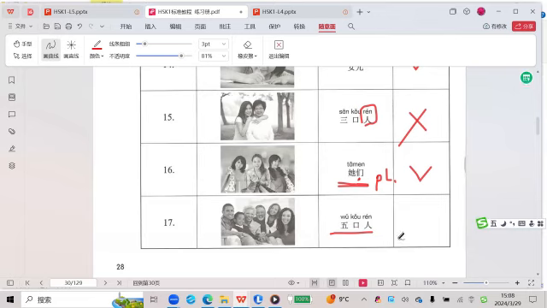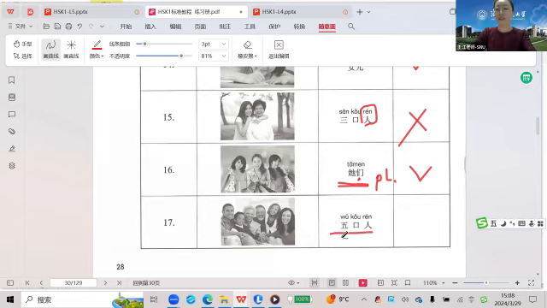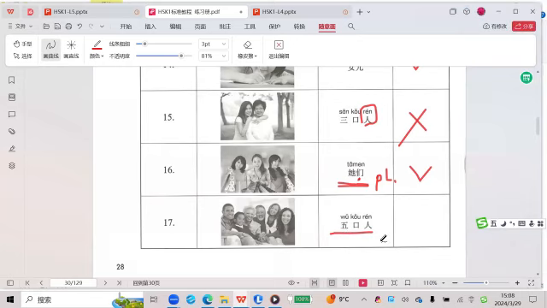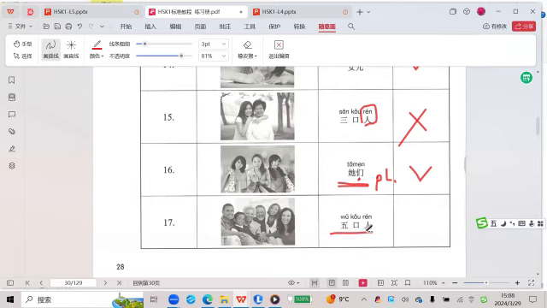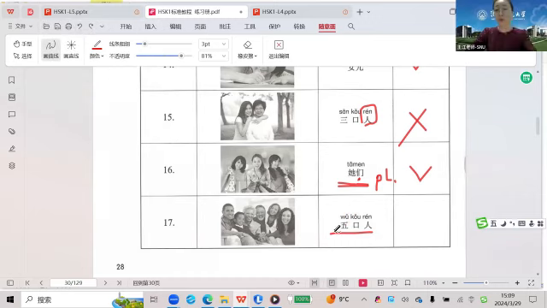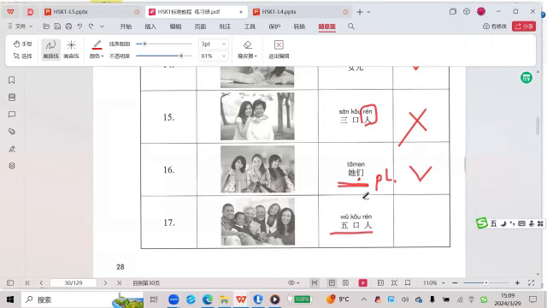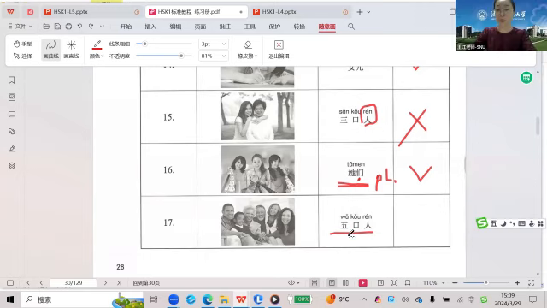What's the meaning of 五口人? 五. What's the meaning of 五? 3, 4, 5.